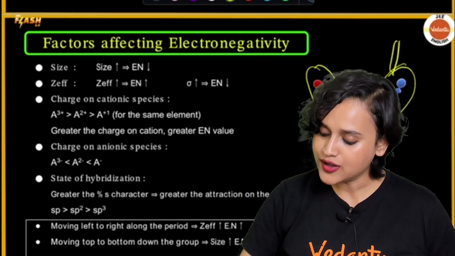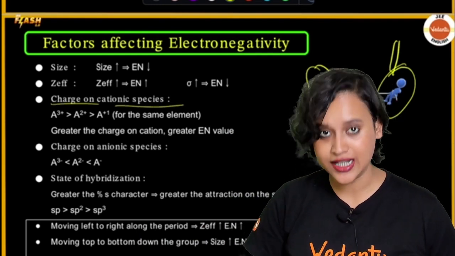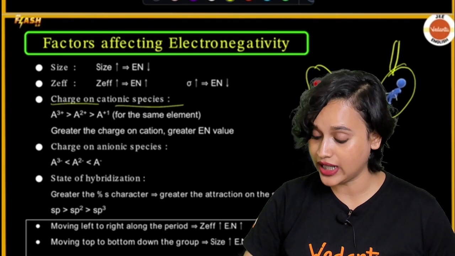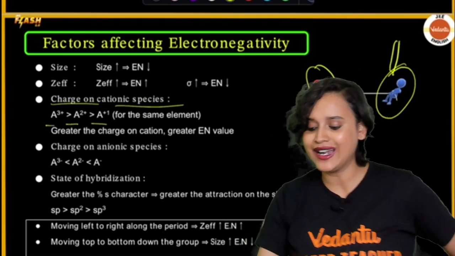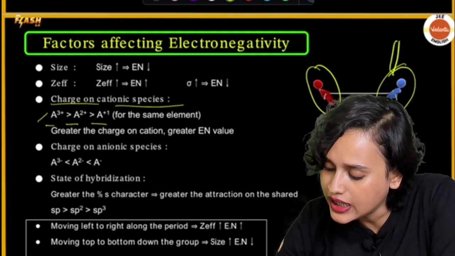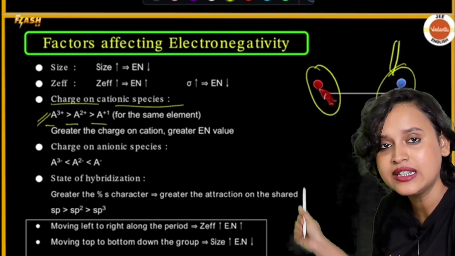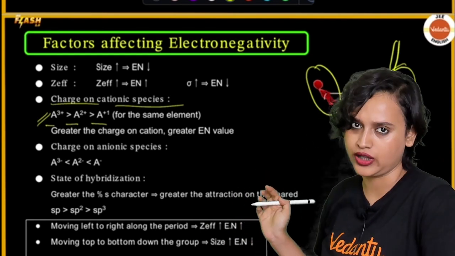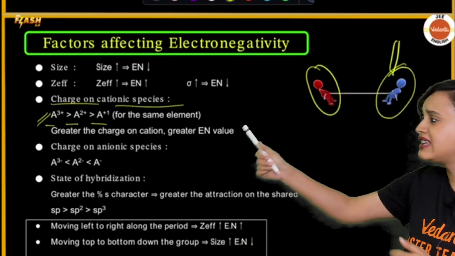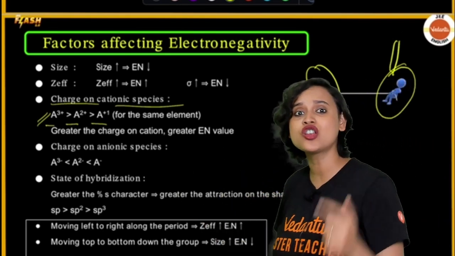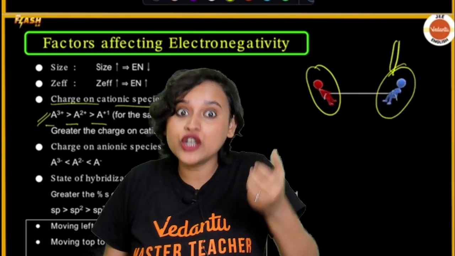Now, let us talk about the charge on the cationic species here. If you have A3+, A2+, A+, for the same element, you will see that the greater the charge, the greater is the electronegativity. Obviously, if it is 3+, that means that this particular ion has lost 3 electrons and it would want to gain the electron.